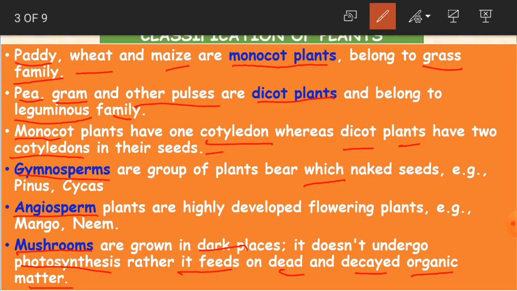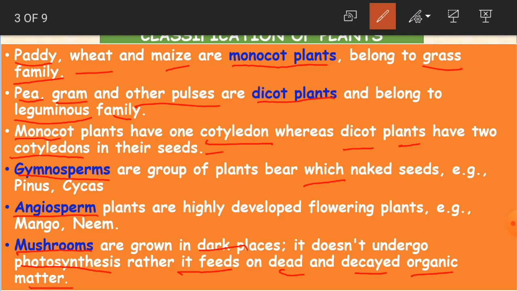And gymnosperms are what? They are plants which have naked seeds. In the sense, we call them naked seeds, for example, pinus and cycas. They don't have flowers, so they have cones and seeds. So we call such plants naked seed plants.